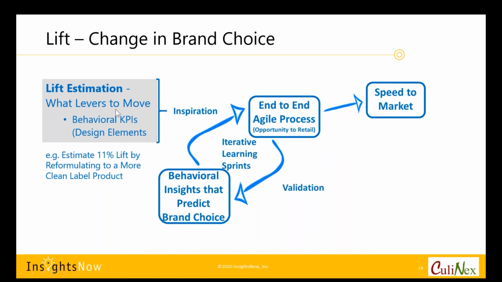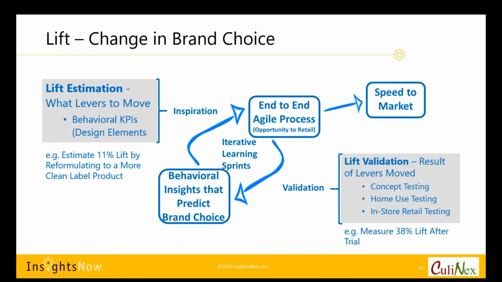For instance, if you were to reformulate a plant-based burger product, you could estimate you're going to get 11% lift in choice against the category by reformulating to, let's say, take a specific ingredient like a sweetener or a starch or a protein and substitute it with something that will be perceived to be more clean label.